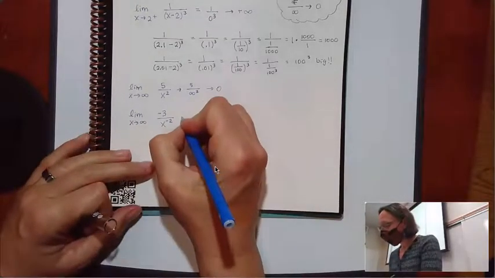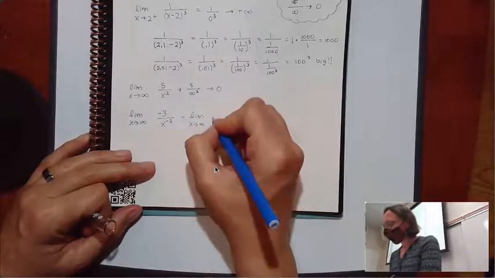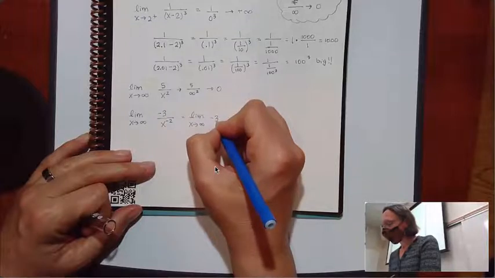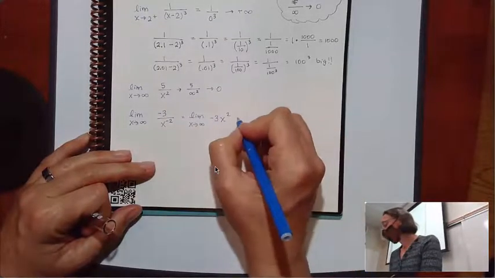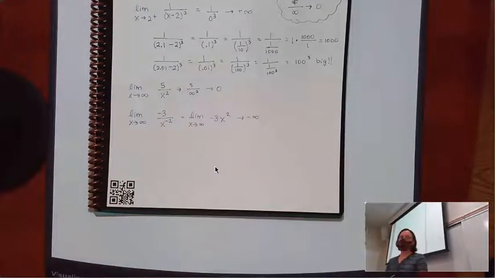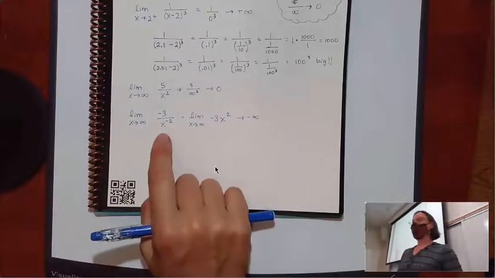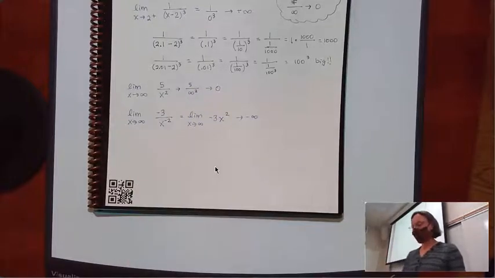But I can rewrite this whole thing as -3x squared. That is definitely headed to negative infinity. So it will be useful to be able to recognize when to move exponent stuff around.